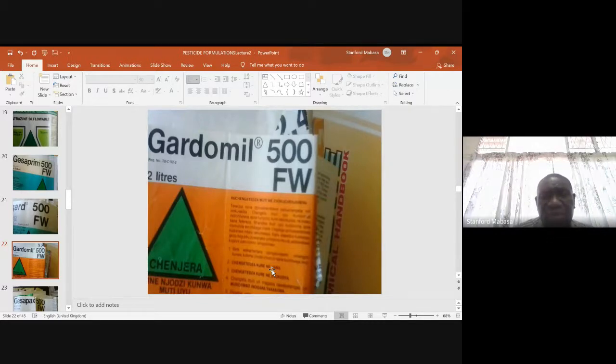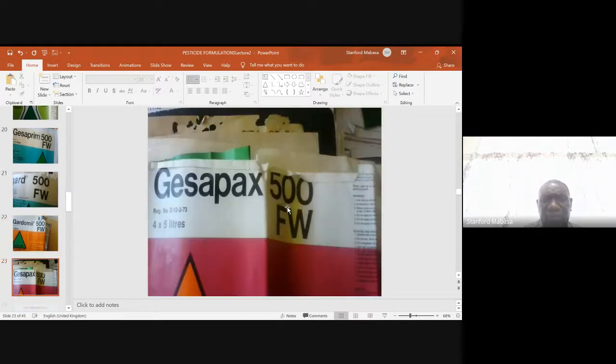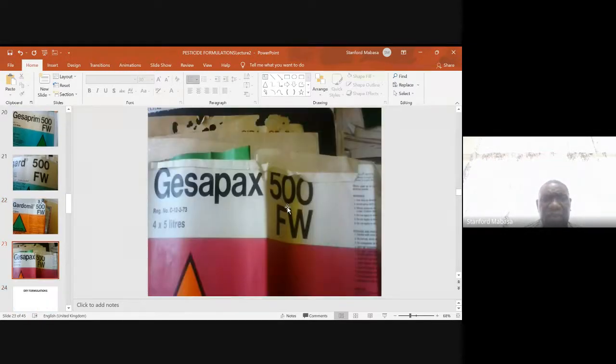Again, Gadomir, 500 FW, meaning flowable. So you know what to expect if you have FW. Expect some problems during pouring. Geyser packs also FW.